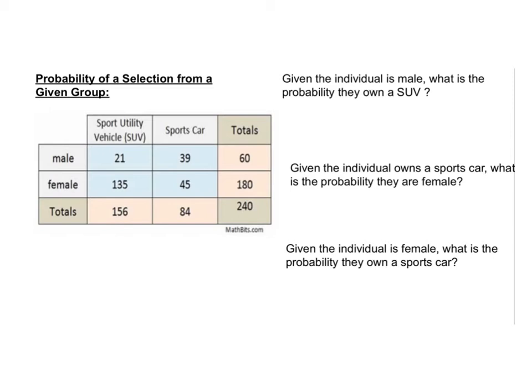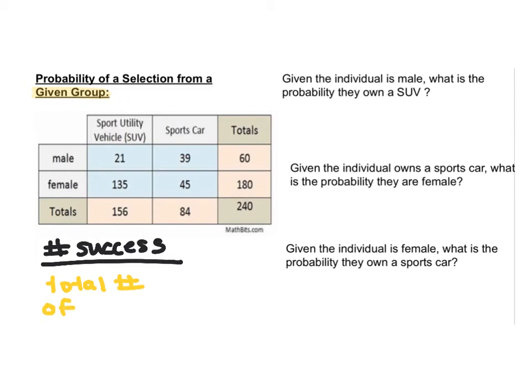Now in our last types of examples, it asks for the probability from a given group, which means that when we're dealing with the probability from a given group, it's going to be the number of successes over the total number of individuals in that group.